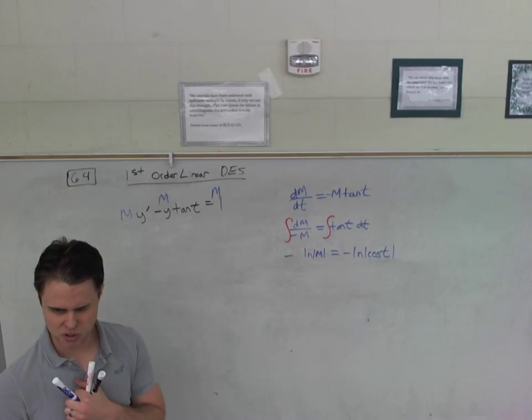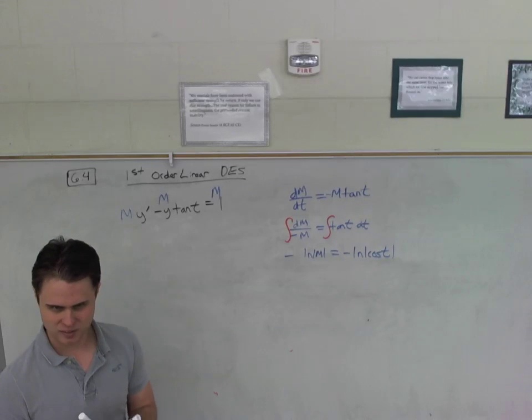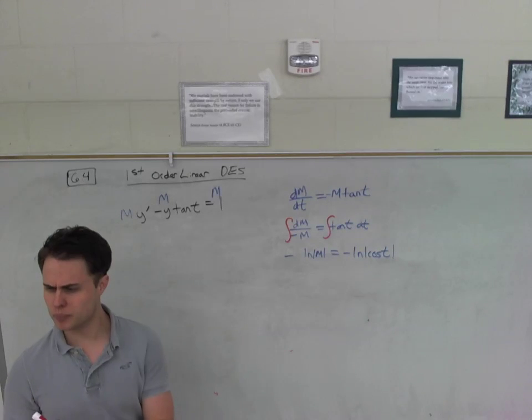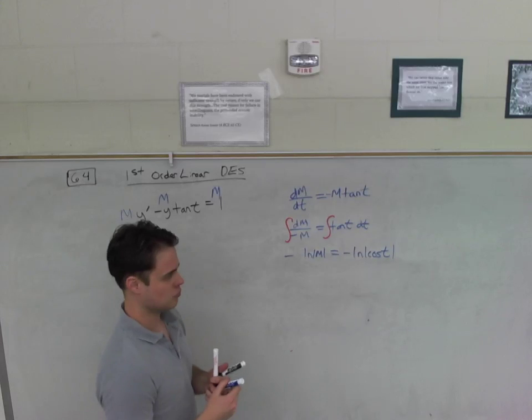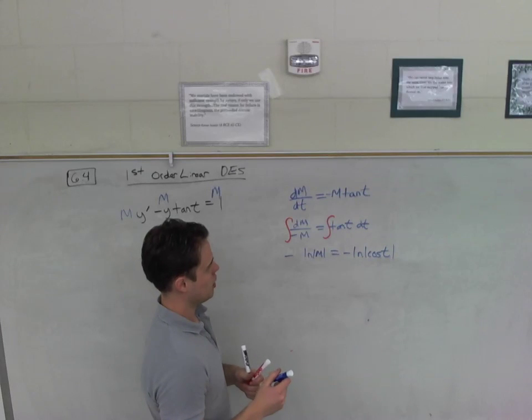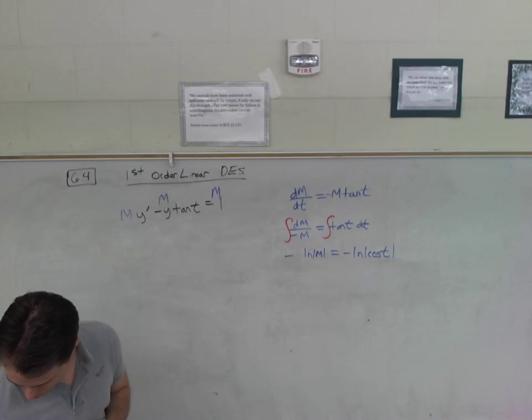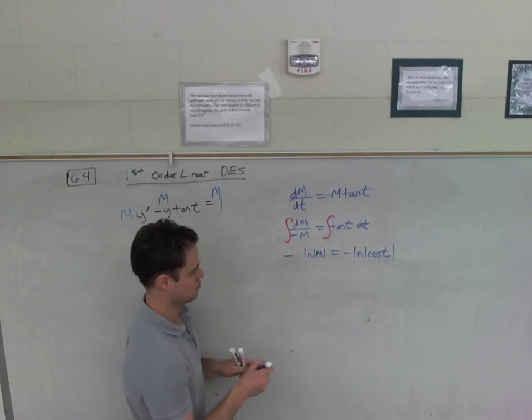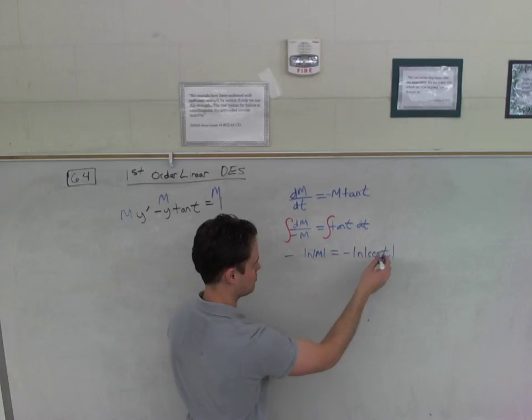When I exponentiate this, what's going to be the problem? The negatives are in the way. Where can we put them? Could we just get rid of them? Just multiply through by -1. You could also put them up here, though, right?